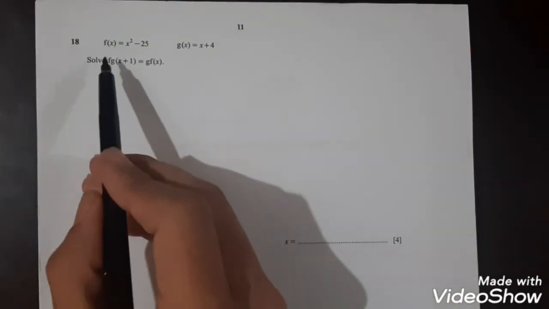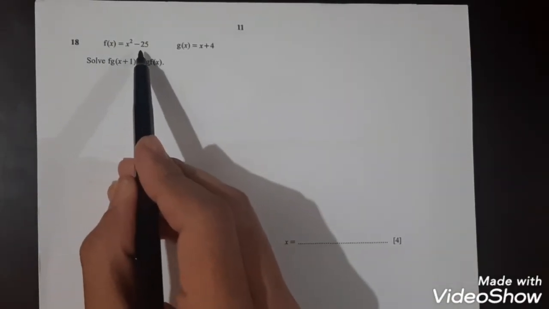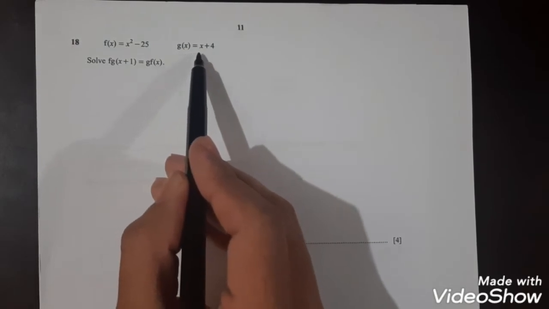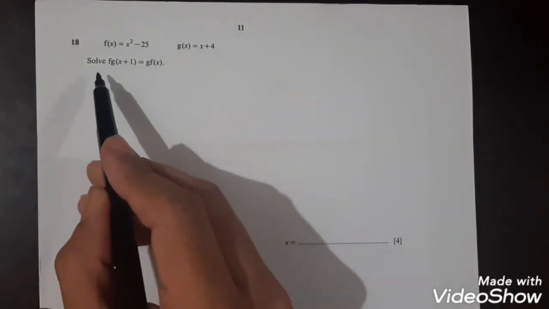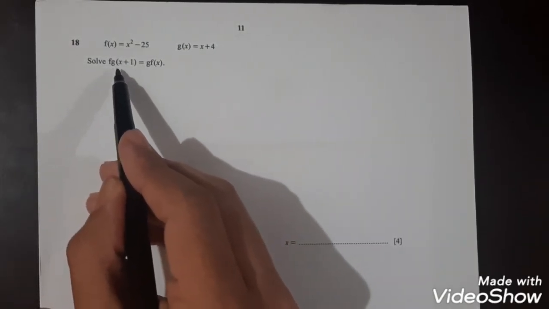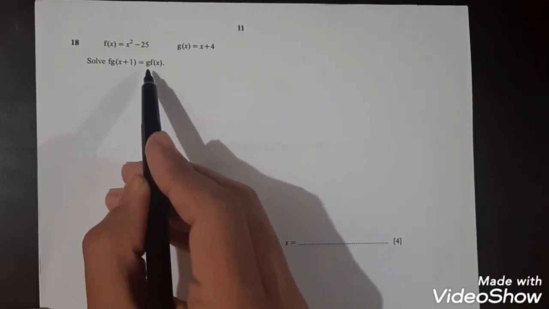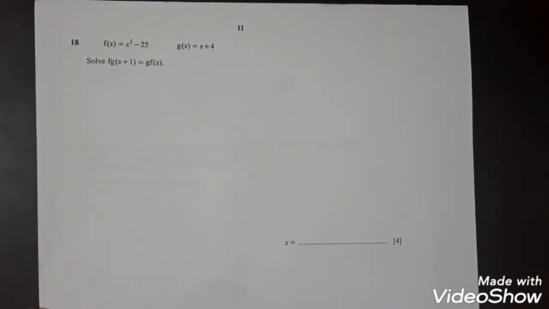Question 18 states f(x) is equal to x squared minus 25 and g(x) is x plus 4. So solve fg(x plus 1) is equal to gf(x).